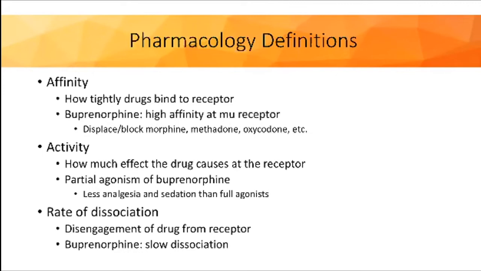So some definitions just to review pharmacology-wise. Affinity is how tightly a drug binds to a receptor. In this example, buprenorphine has exceptionally high affinity at the mu receptor, so much that it displaces and blocks a lot of your common opioids: morphine, methadone, oxycodone, and so forth.